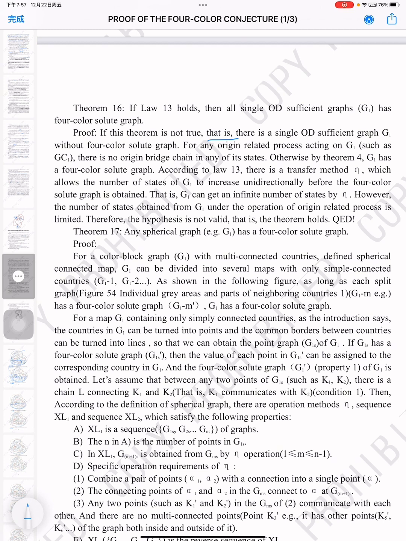According to law 13, there is a transfer method eta, which allows the number of states of G1 to increase unidirectionally before the four-color absolute graph is obtained. That is, G1 can get an infinite number of states by eta. However, the number of states obtained from G1 under the operation of a region-related process is limited. Therefore, the hypothesis is not valid. That is, the theorem holds, QED.